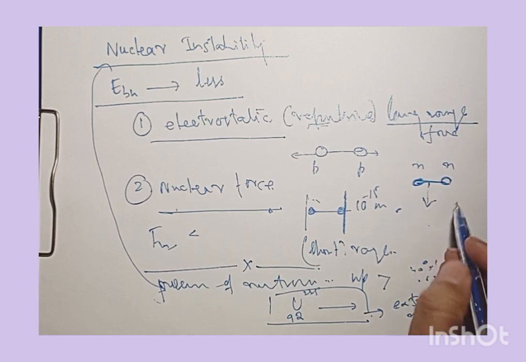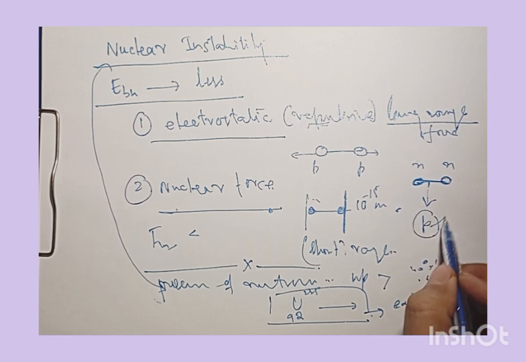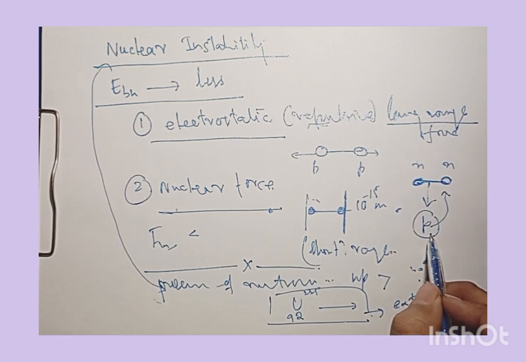So what it means is that if there is conversion of a proton into a neutron, we are decreasing the quantum of electrostatic repulsion.